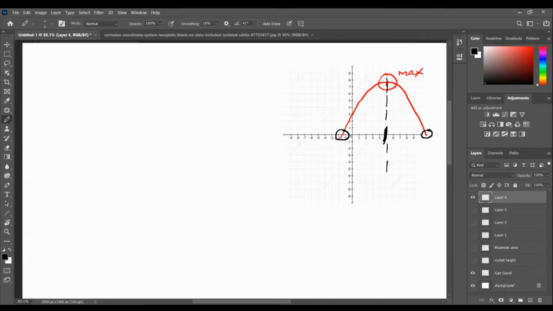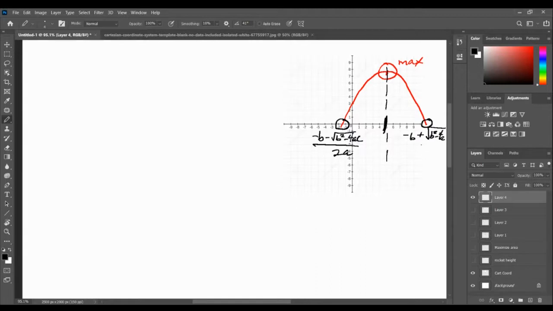So if I used my midpoint formula with those two, and recall that these are negative b minus the square root of b squared minus 4ac all over 2a, and negative b plus the square root of b squared minus 4ac all over 2a. Those are those two zeros.